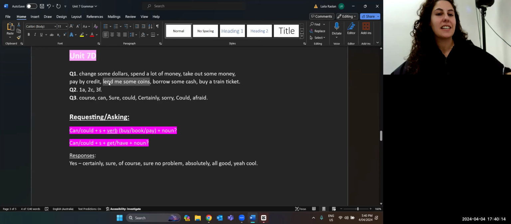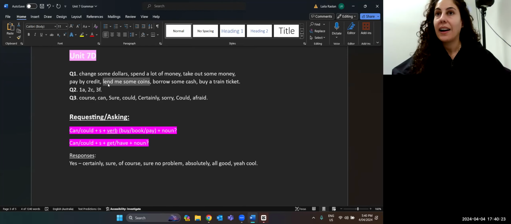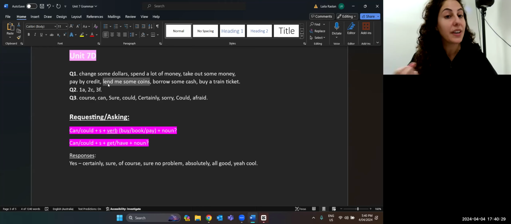Lend me some money, some coins. So this is an interesting verb. When I say lend, that means give to me, but it means that I must give it back to you. So for example, can you lend me $10? It means that I need it, but I will give it back to you. Can you lend me some coins? Now, coins is not cash, paper money.